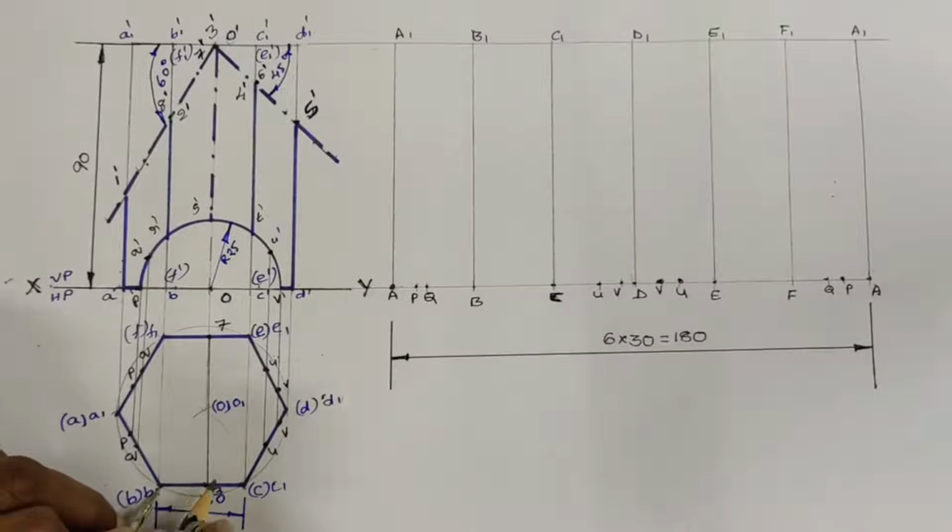Similarly, 3 and 7 points are also transferred onto the development.